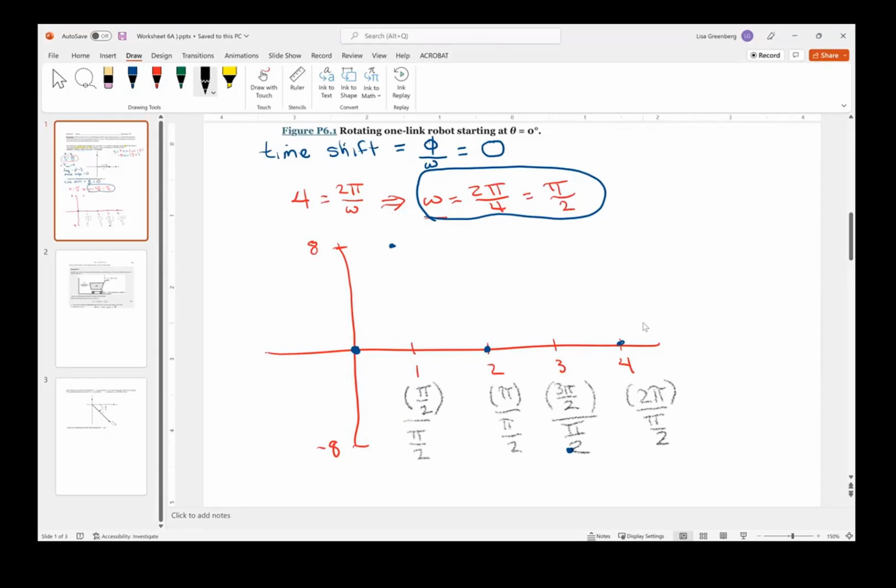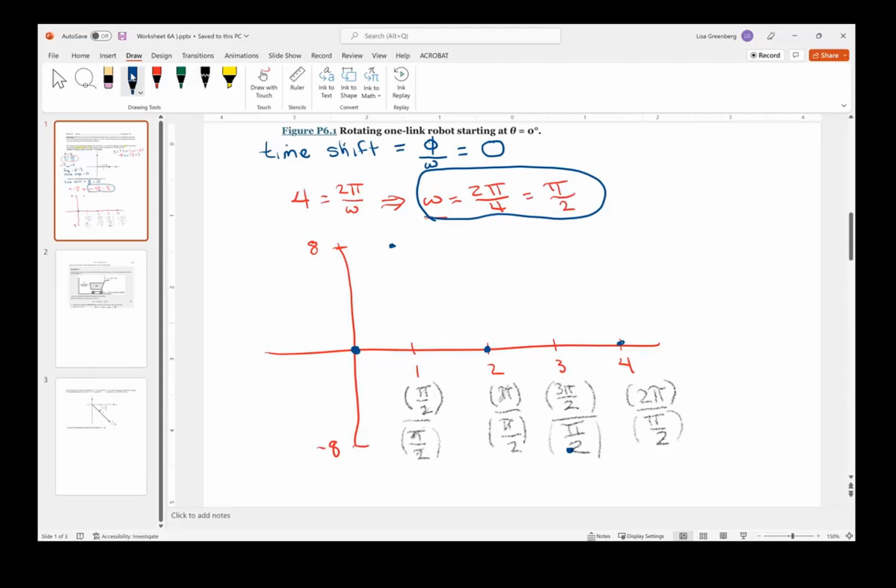So there's my 1. This is 2. This is 3. And this is 4. Pi's cancel with pi's, 2 cancels with 2. I think you guys can do the algebra.